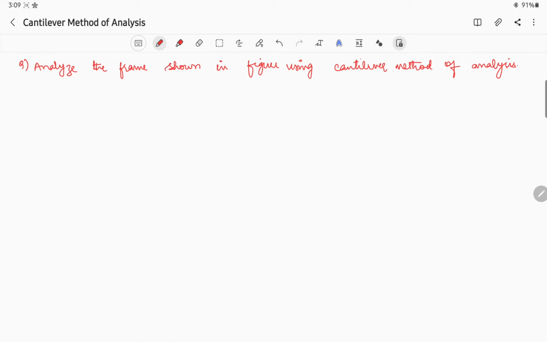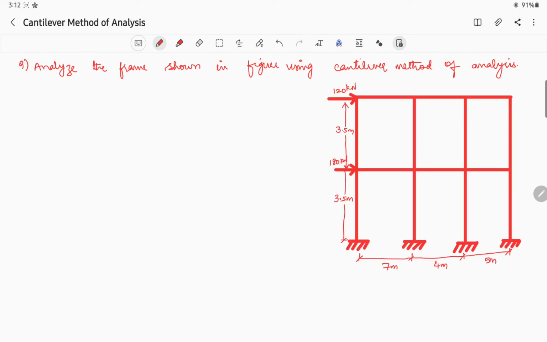I will draw the frame here. So this is the frame given to us in the question. Now whenever they give us the frame, first we have to name the frame.